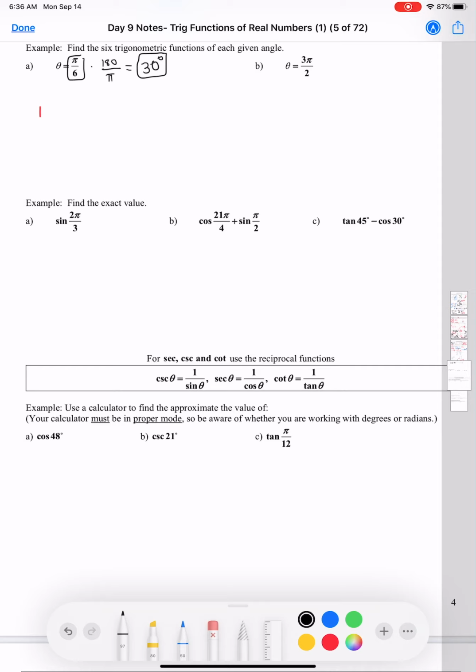So first, find the terminal point, so where we stop at, then proceed like before.